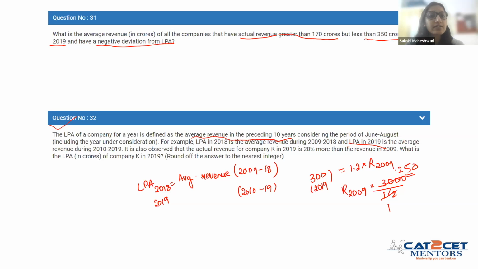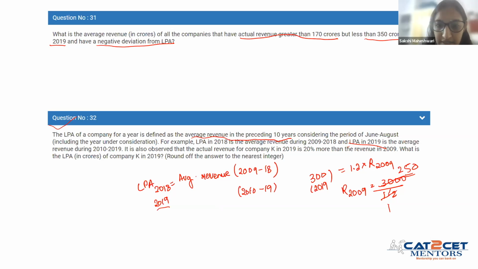Now LPA in crores of company K in 2019. So what can LPA be written as? For 2019, we need to calculate.